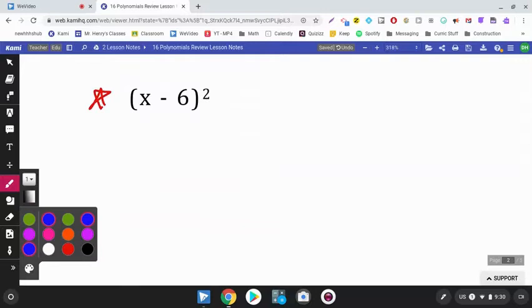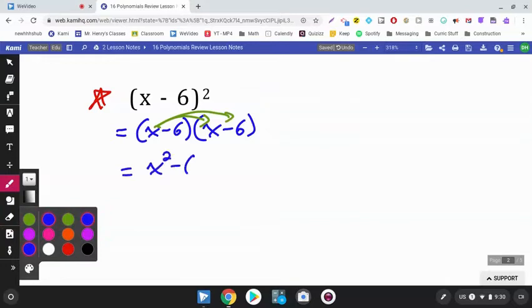X minus 6 squared. What I have to remember is something squared means that thing times itself. So a binomial squared, or x minus 6 squared, that's x minus 6 times x minus 6. And then from there, I can just do FOIL, or I can do repeated distribution. X squared minus 6x minus another 6x and plus 36.